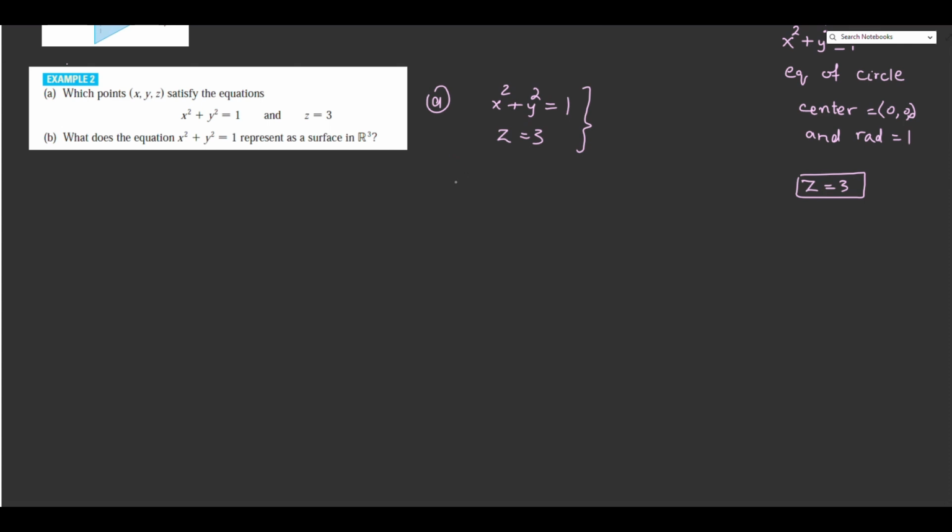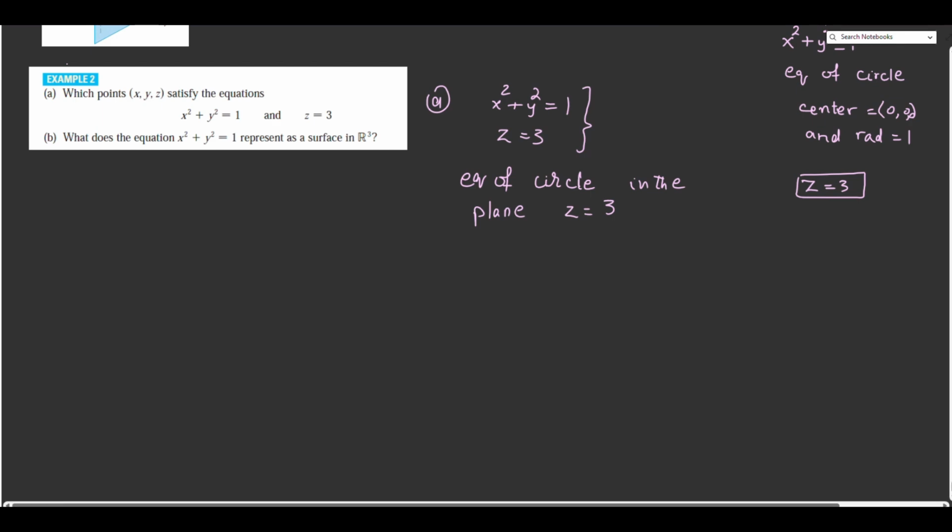You can say that these two equations together represent the equation of a circle in the plane z equals 3.